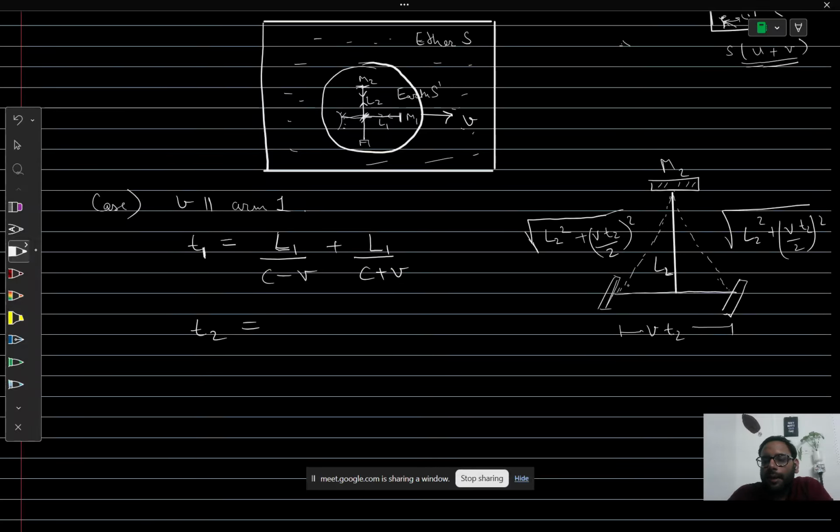Now the light will traverse this much of hypotenuse and this much of distance also, so we need to add up, and they are both the same. So it will be like this, or directly write this: the square root of L2 squared plus (Vt2 by 2) squared.